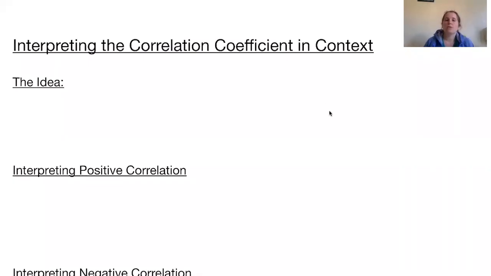Welcome to interpreting the correlation coefficient in context. So the idea here is essentially we want to be able to use the correlation coefficient to describe what that means for the relationship between the variables we are working with.